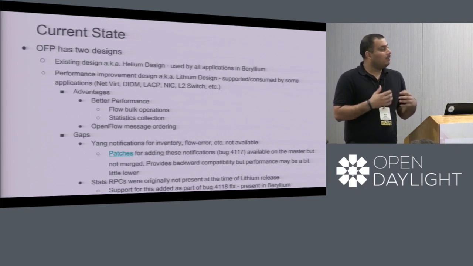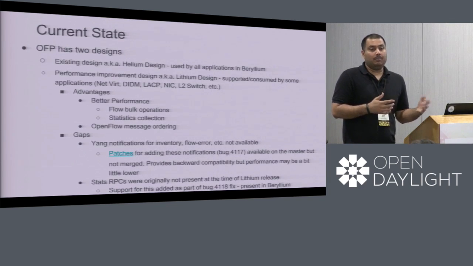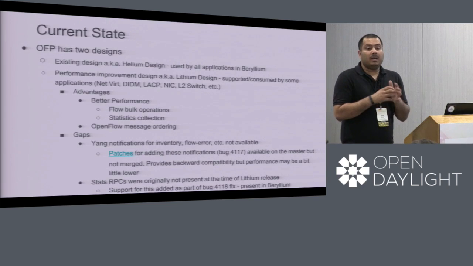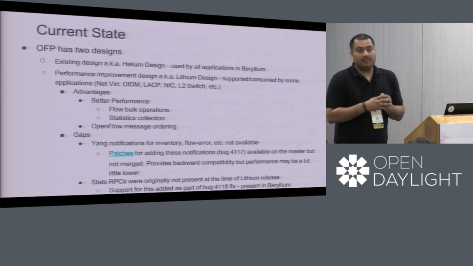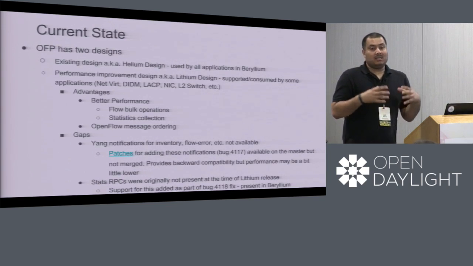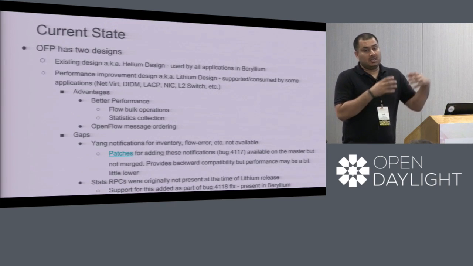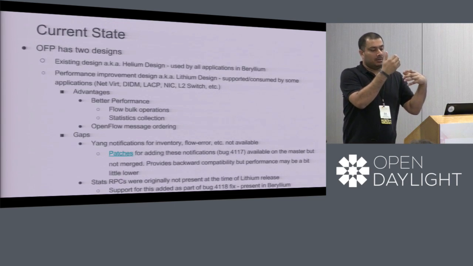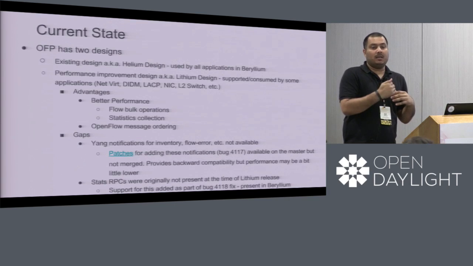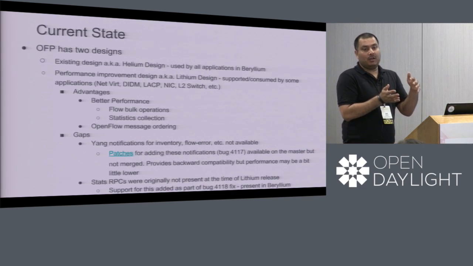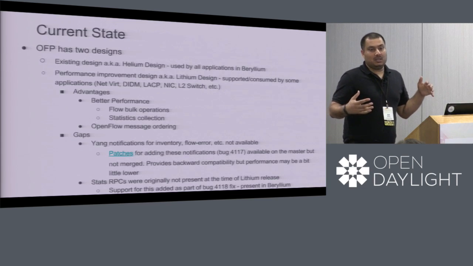The collection mechanism is much better compared to Helium, because it is now embedded as a part of the plugin itself. In Helium, it used a statistics manager application that sits on top of the plugin, and it uses RPC to send the message, get it back, and dump into an operational data store. So there was one more hop between the statistics manager and the switch.